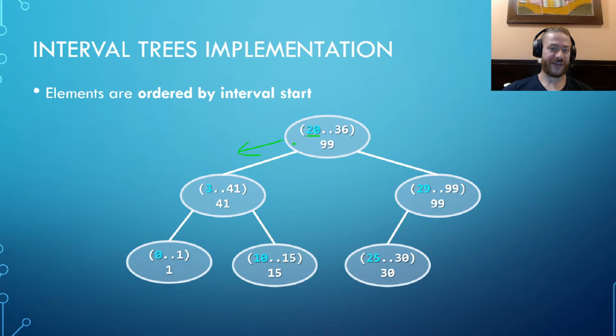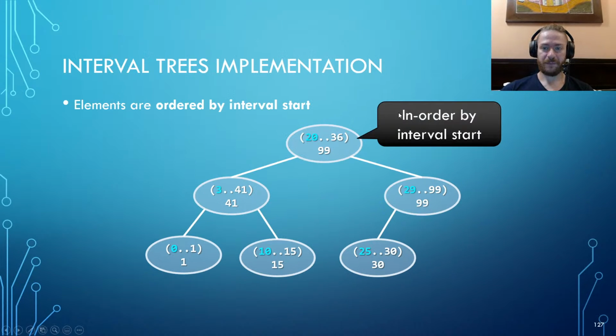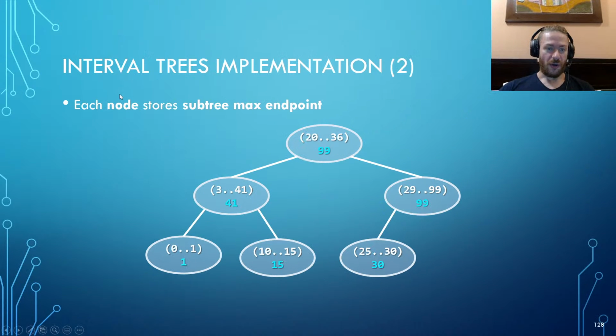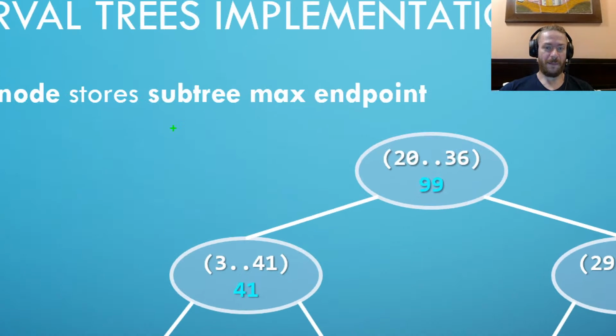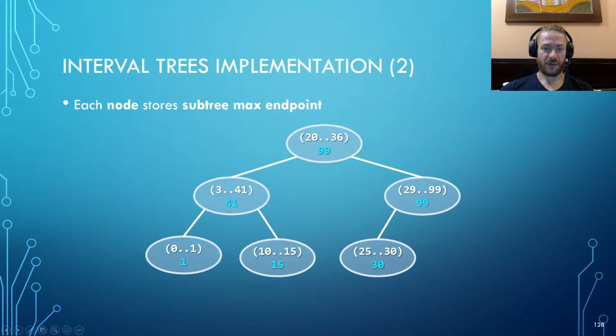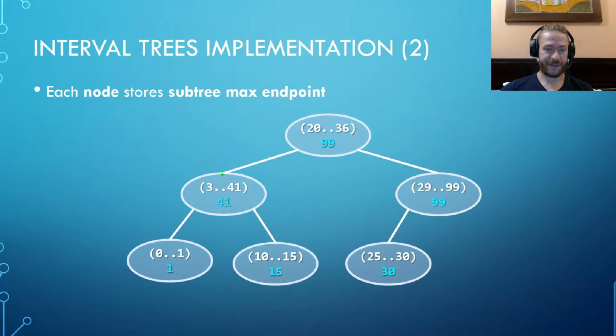All the intervals that start with less than 20 go to the left. All the intervals that start with greater than 20 go to the right. So that way we can build the tree. Each node stores the subtree max endpoint. So for example, if we go here, it will store for this subtree the max interval.